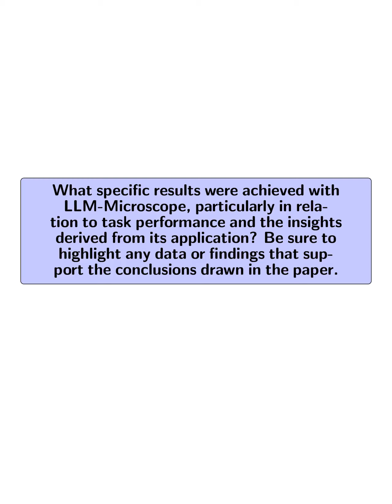What specific results were achieved with LLM-Microscope, particularly in relation to task performance and the insights derived from its application? Be sure to highlight any data or findings that support the conclusions drawn in the paper.